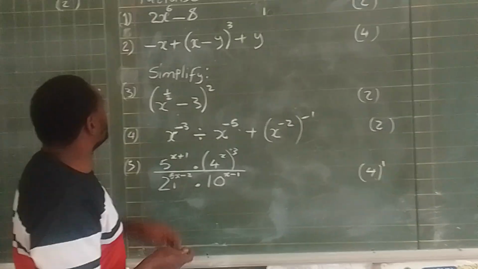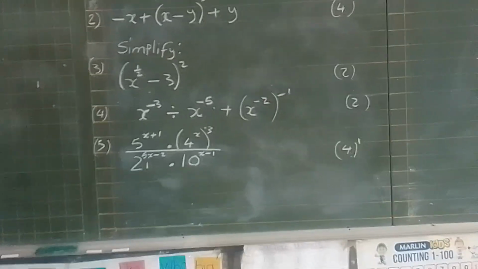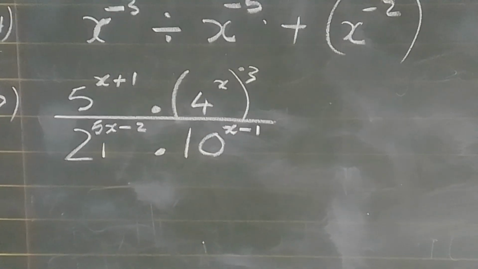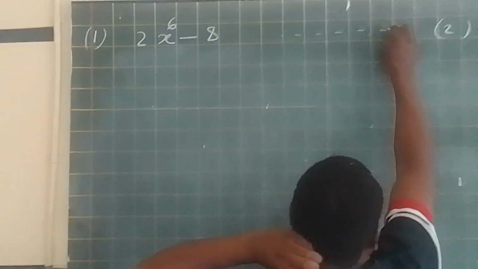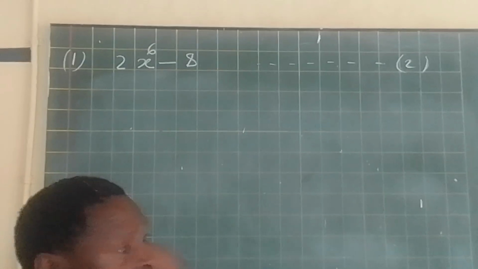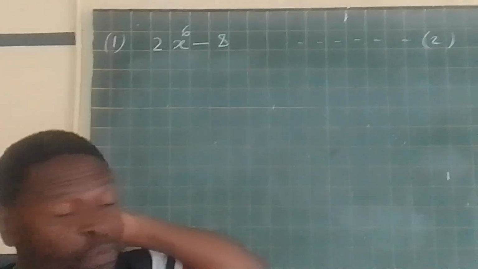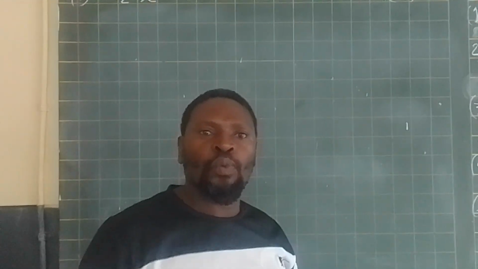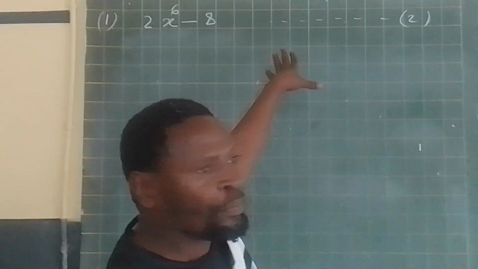Let me just grab the first one. This is: factorize 2x to the power 6 minus 8. This is for 2 marks. If it is for 2 marks, grade 10, they mean that you can spend a maximum of 2 minutes to do this type of question.